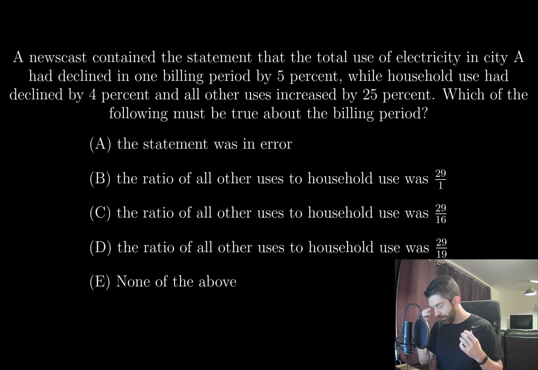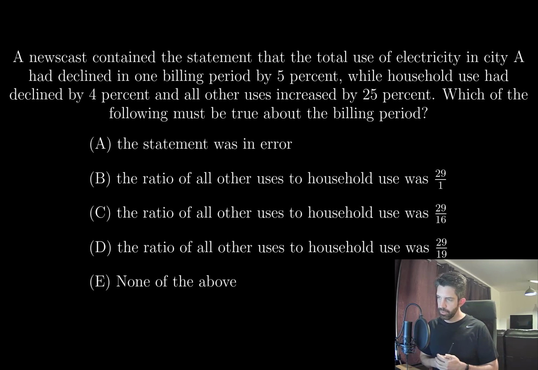So the total amount used is going to be drastically different amounts, which is why one can go down by 4, the other increase by 25, and yet the whole thing decreased by 5. Or did I say 5? I meant it increases by 25, all other uses, but decreases by 5 overall.